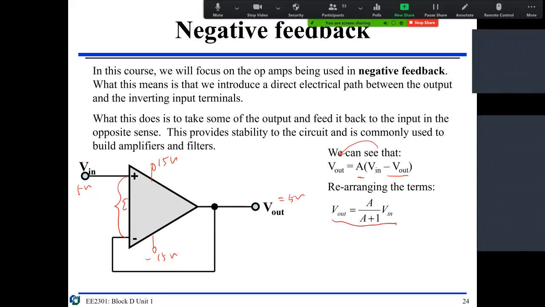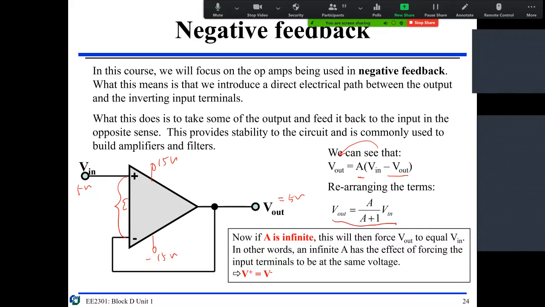Because A is so big, V out equals V in. And because V out is V in, this difference is actually 0. There's no difference in there.